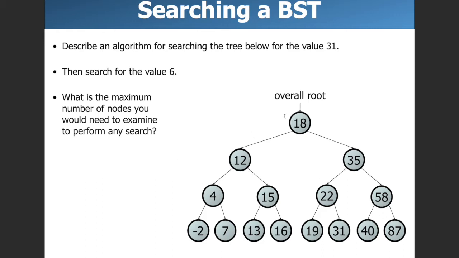We start at the root and we compare target, if target is less than root.value. So 4 is less than 18. Yes, that's true. So go to the left subtree, somewhere here. Now it compares 12 with 4, and if 4 is less, go to this.